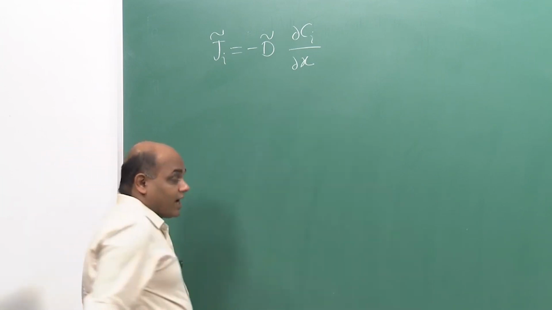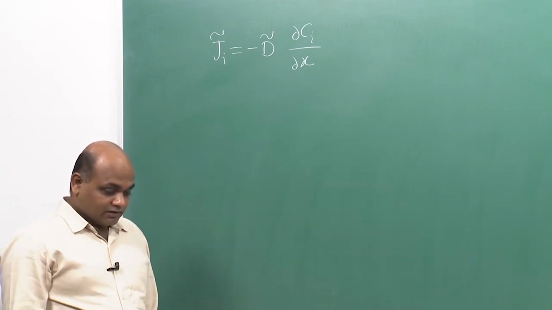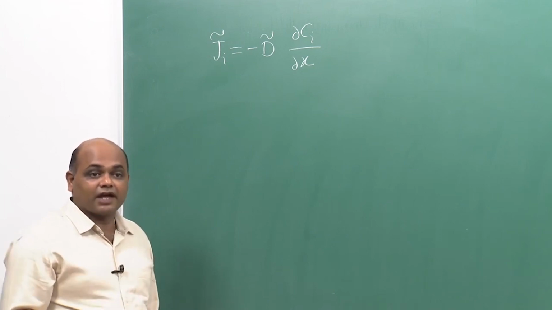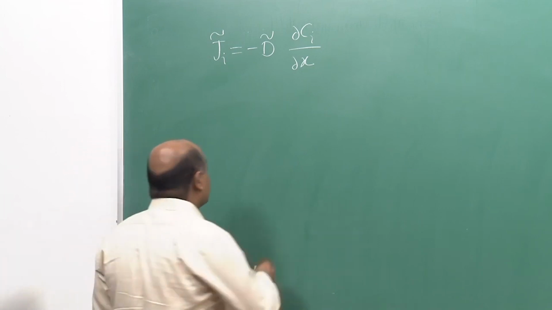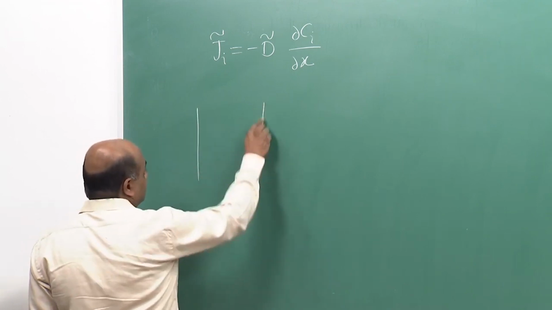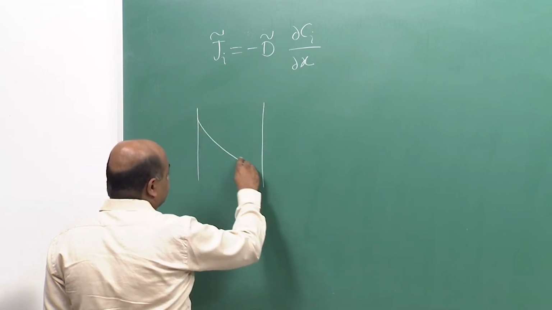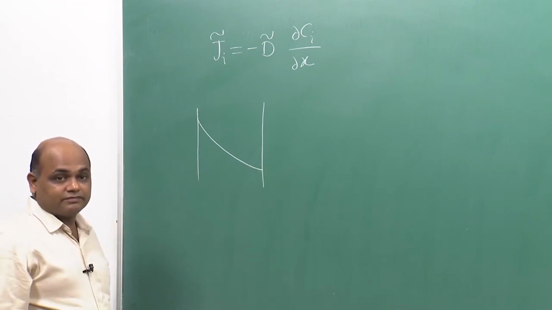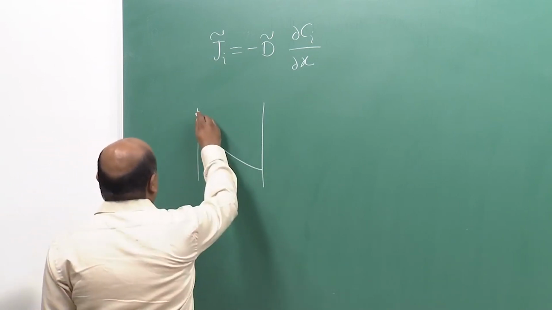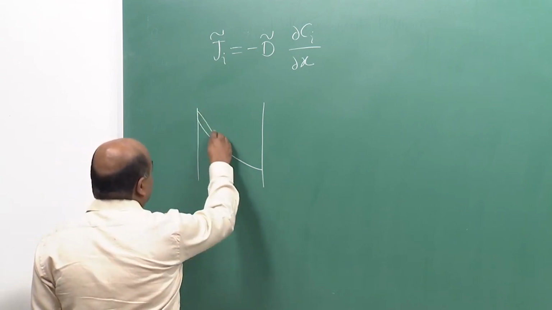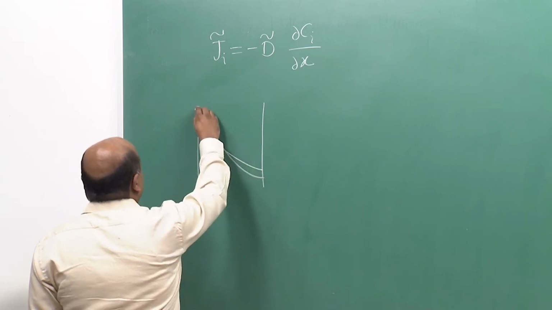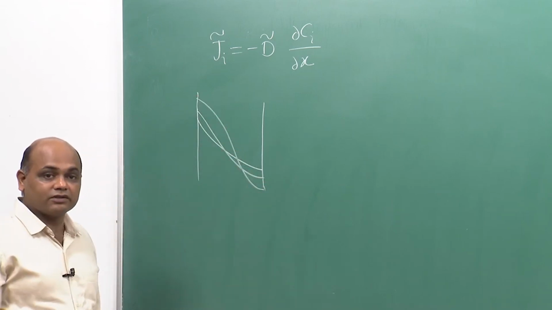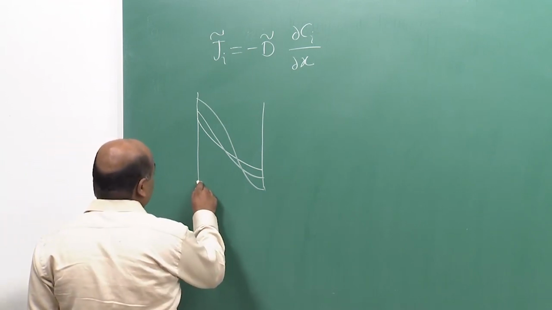Now, we know that the concentration varies as a function of distance coordinate as well as time. So, if we consider a particular diffusion zone and at some time t1 this is the concentration profile, then after some time we might see a profile like this. At t3 we might get a profile like this. So, the concentration is continuously evolving.